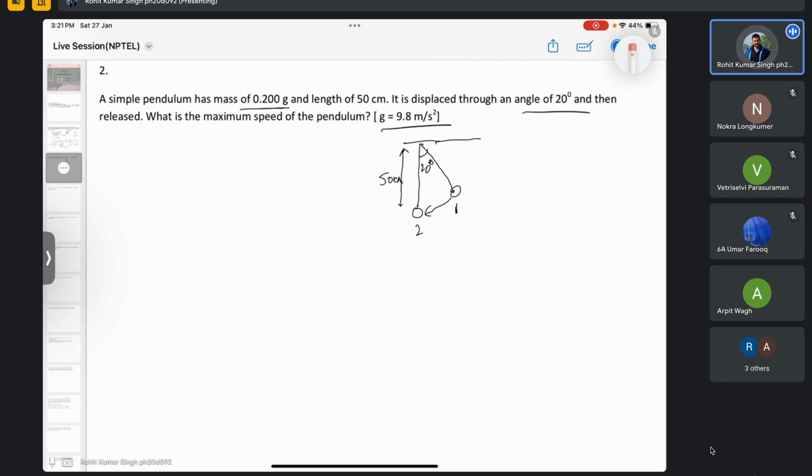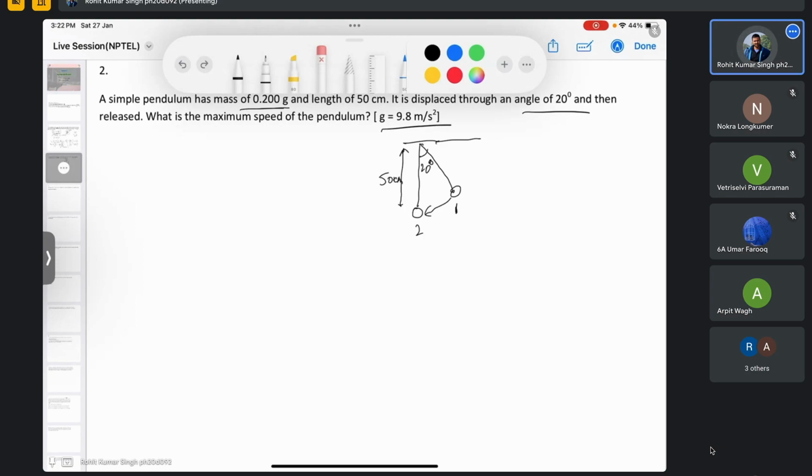Yeah, I mean, Arpit is right. So we have to use the very basic concept of physics, which is conservation of energy, right? So how do we do that?